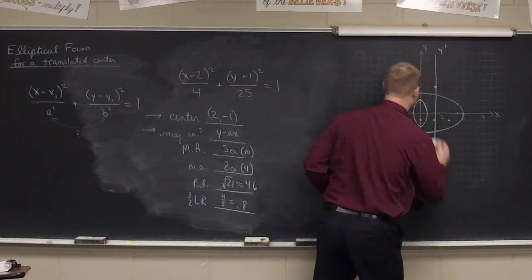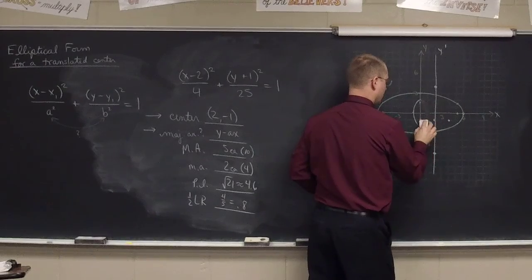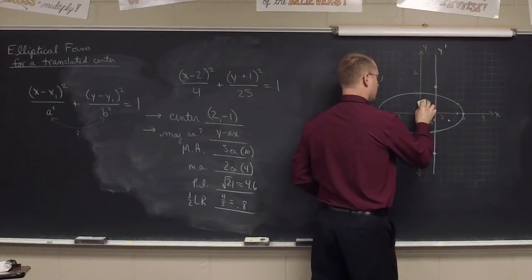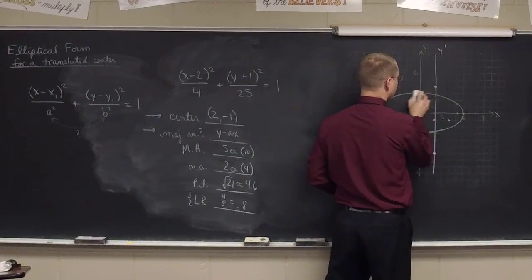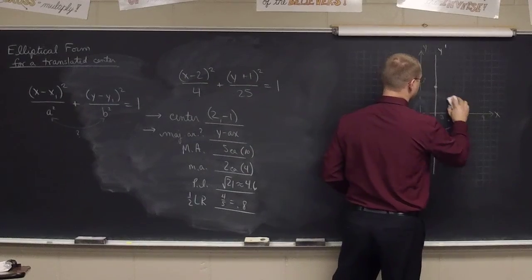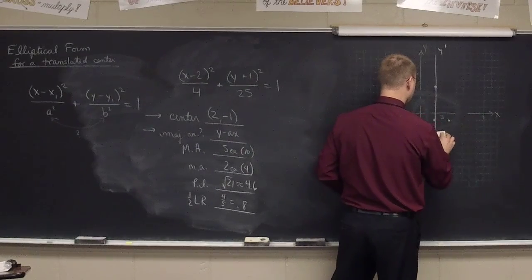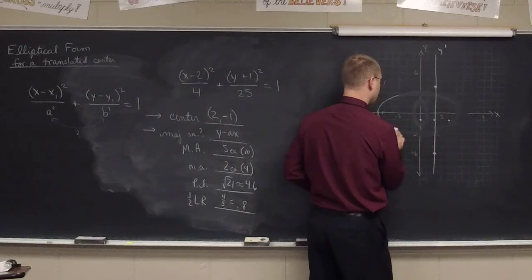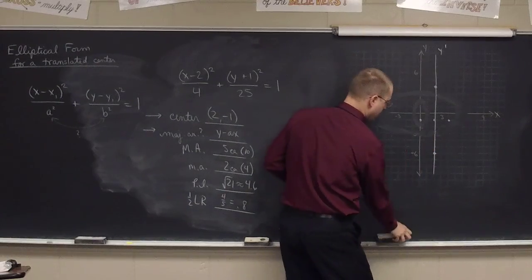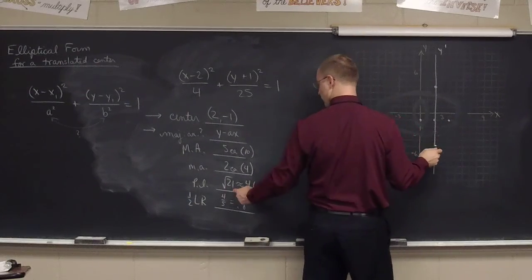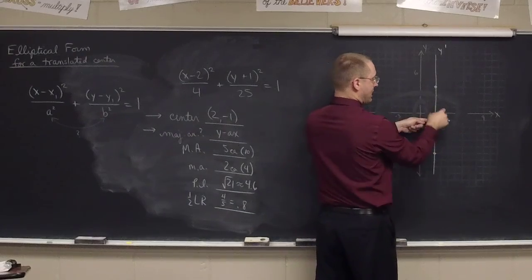Let me erase the old ellipse so it doesn't confuse. Don't really need that in our lives right now. All right, and then our 4.6 focal length is along the major axis, remember?